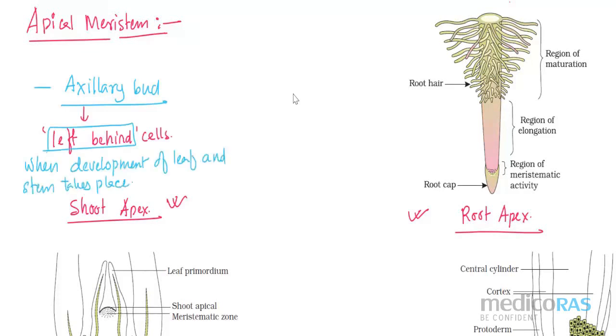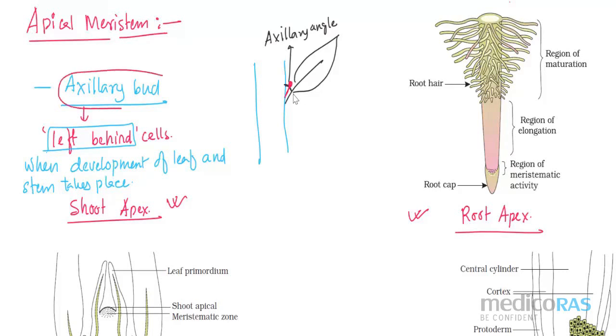If we consider this as a stem and from the stem one leaf arises like this, in between these two we have an angle, and this angle is the axillary angle. The bud developed from this angle is known as axillary bud. The axillary bud is responsible for giving rise to either flowers or branches of the plant.